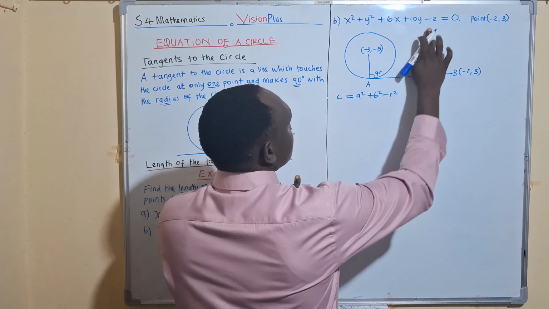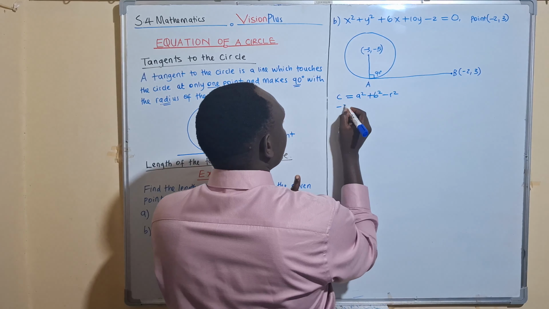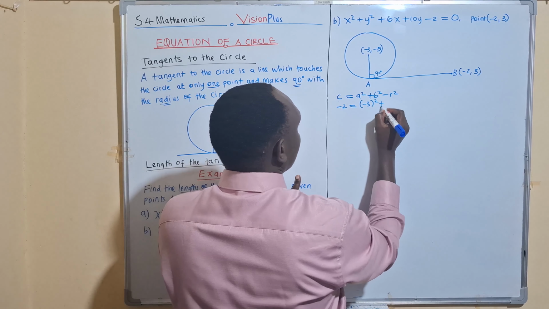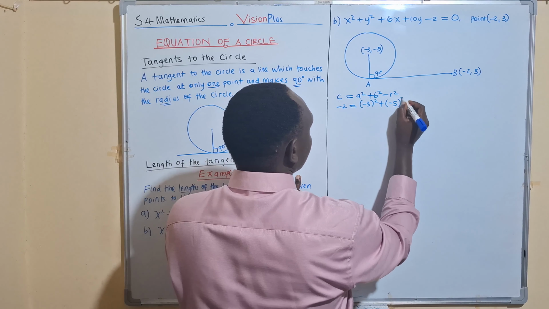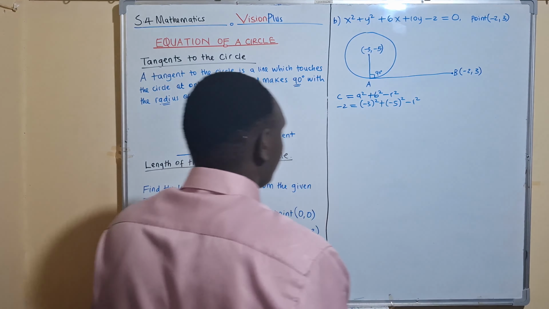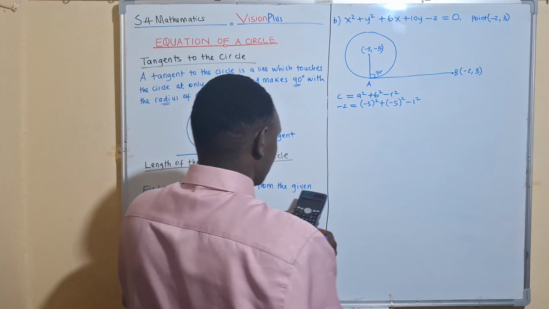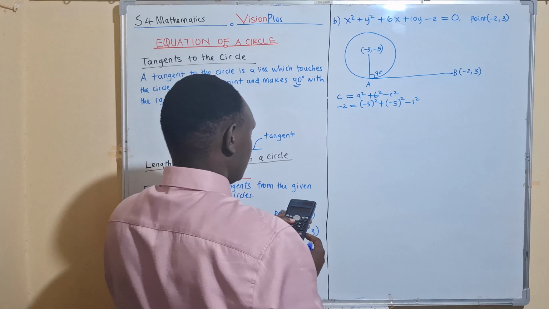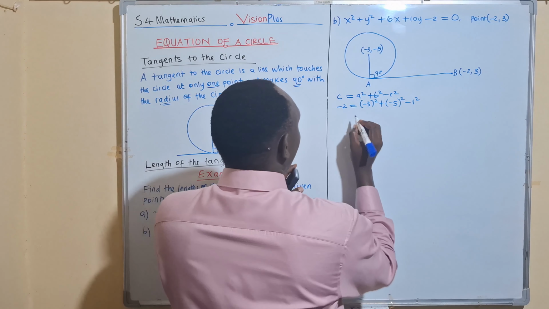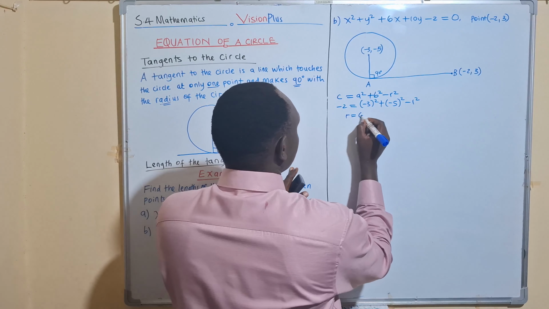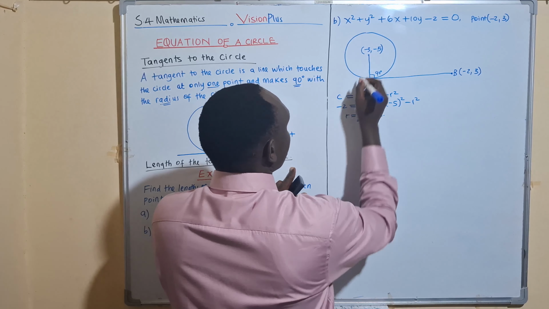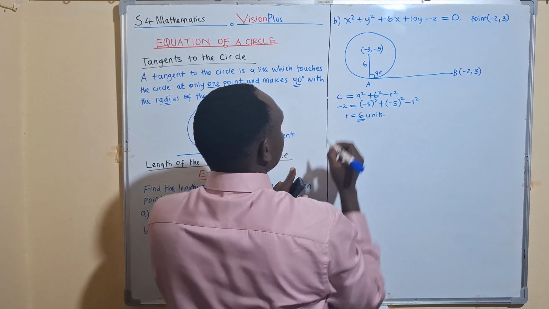C is negative 2, so negative 2 equals (-3) squared plus (-5) squared minus r squared. Then you plug in your values. I'm getting r as 6 units. So the radius is 6 units.